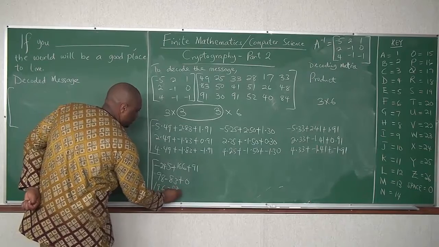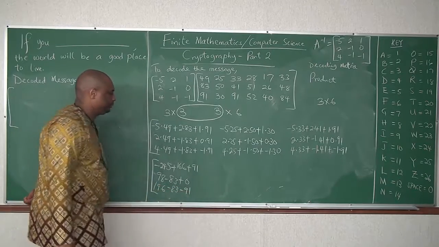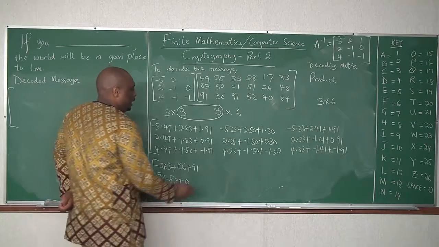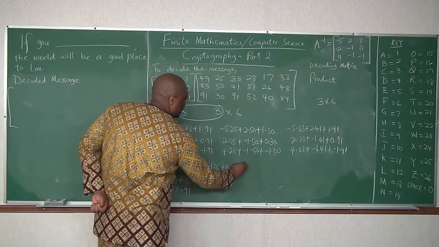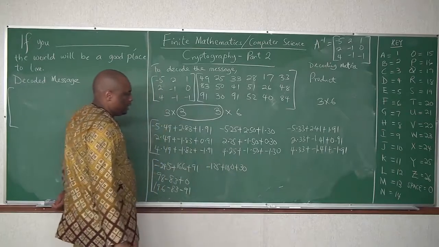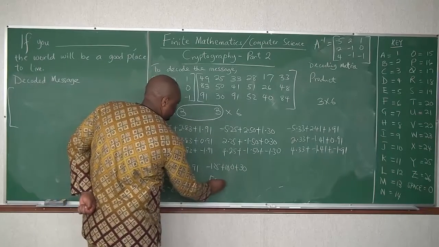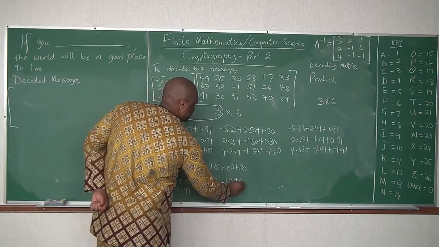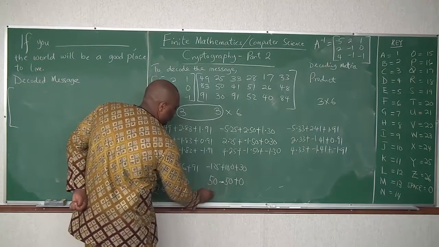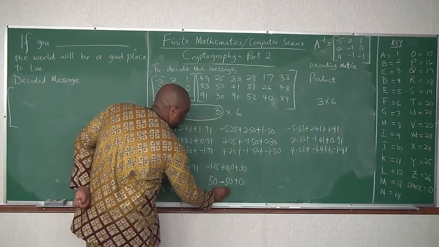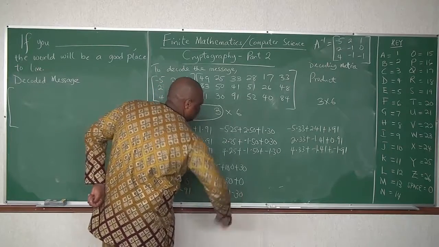Minus 83 minus 91. Here, this is negative 125 plus 100 plus 30. This is a 50 minus 50 plus 0. Here, this is a 100 minus 50 minus 30.